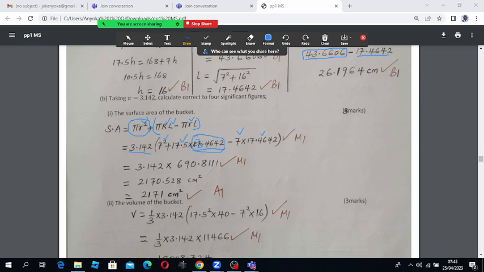Replace this one with 43.6606, and then you get the answer. I think the answers were correct except this one, and your answer will be 2170.528. But remember, you are told to 4 significant figures, so your answer will be 2171 square centimeters. Are we in agreement?